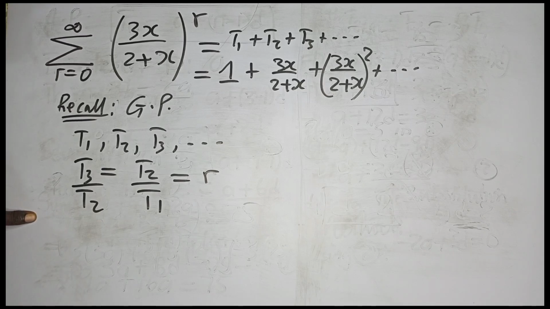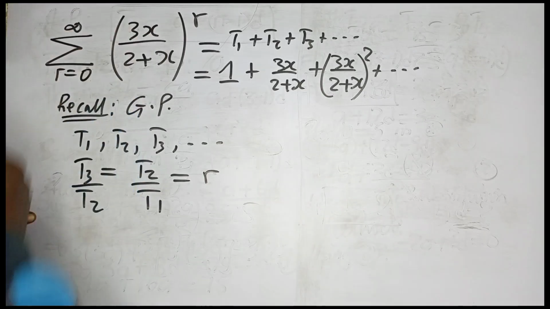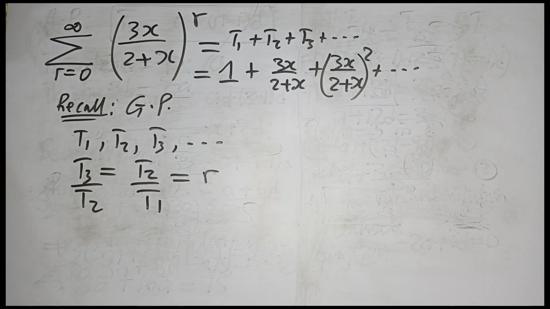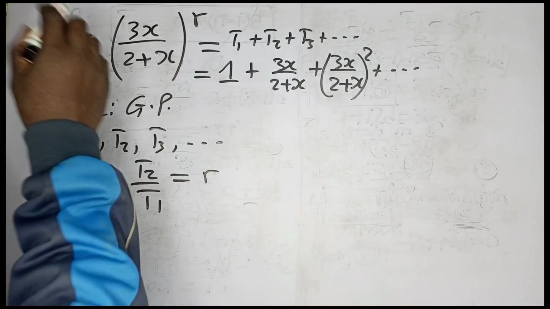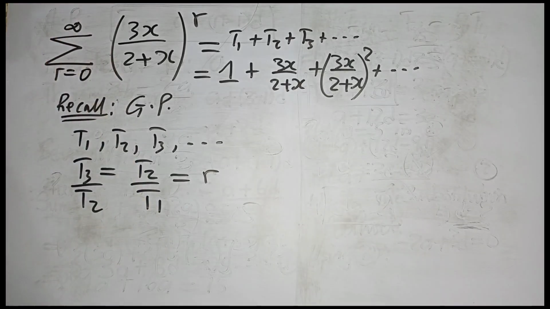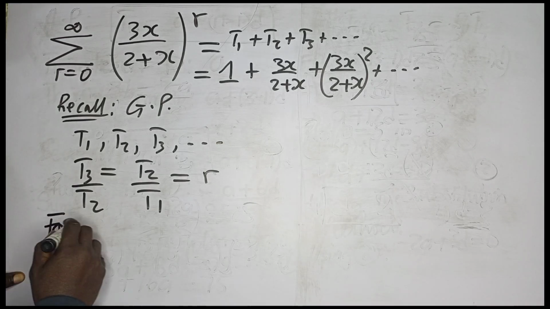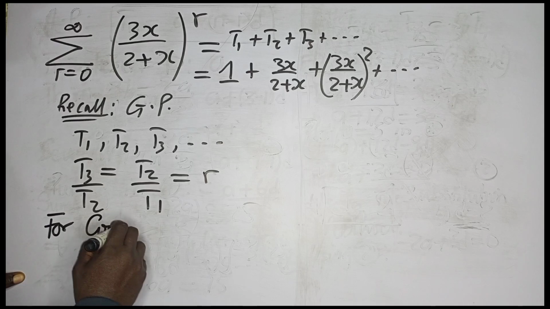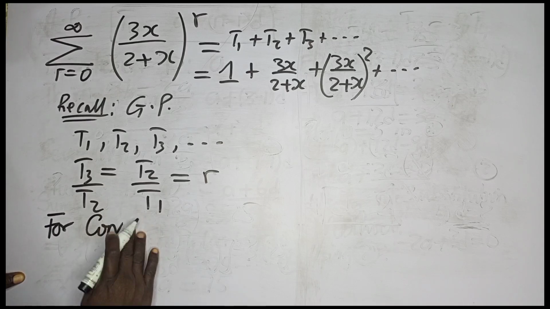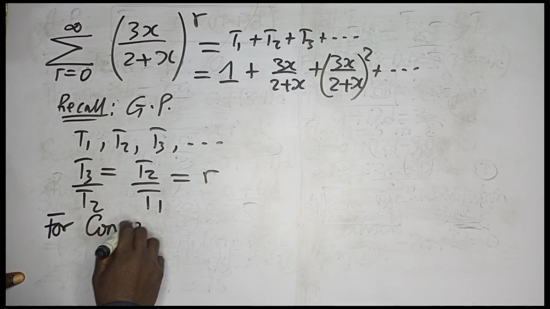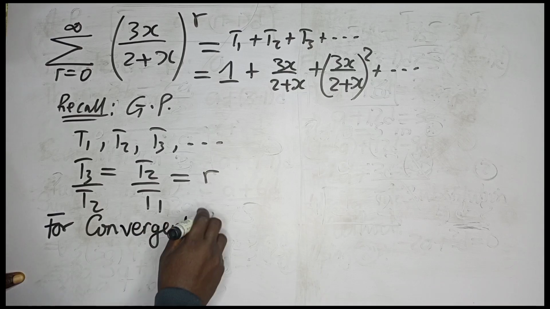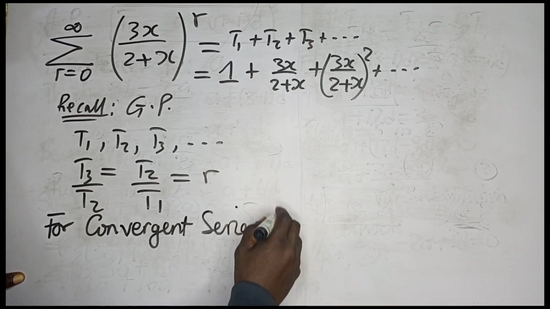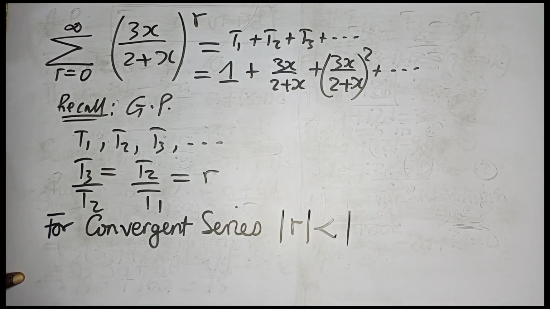So in this question, we're asked to find the set of values of x for which this geometric series converges. For a convergent series, this condition must hold: the absolute value of the common ratio must be less than 1.